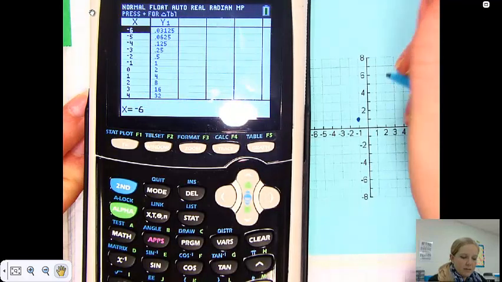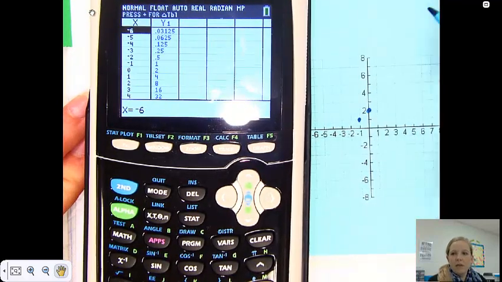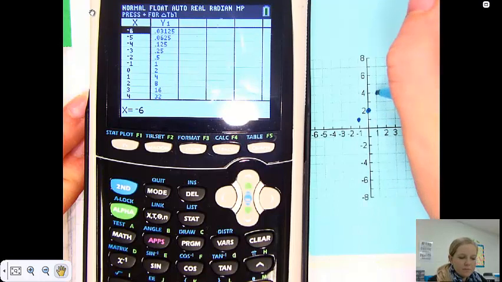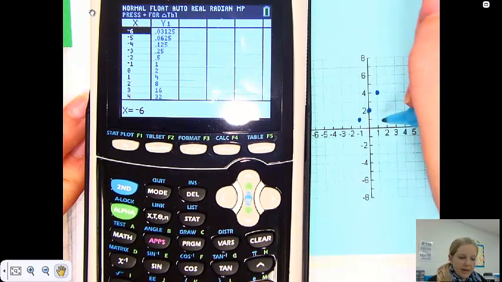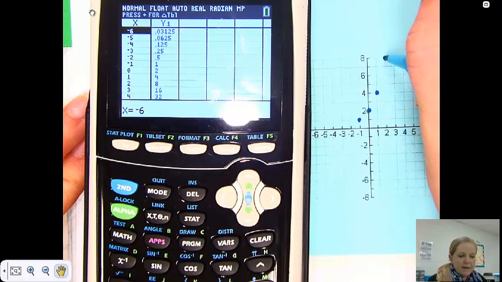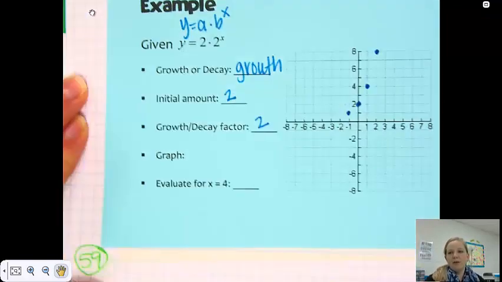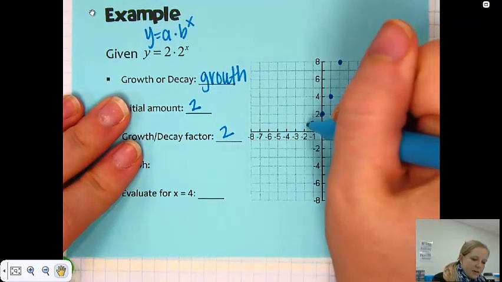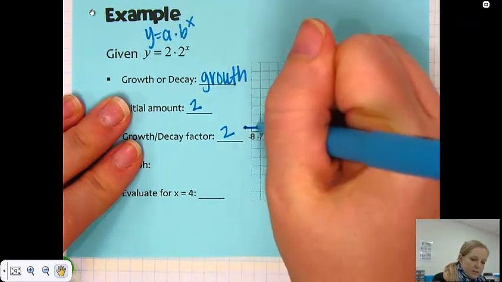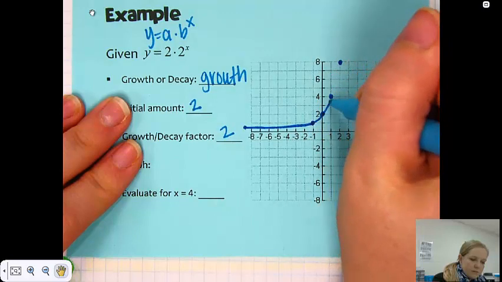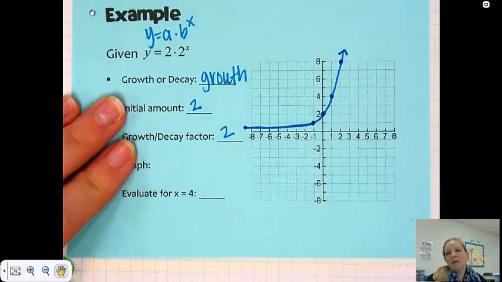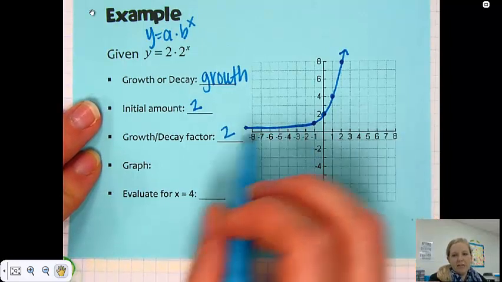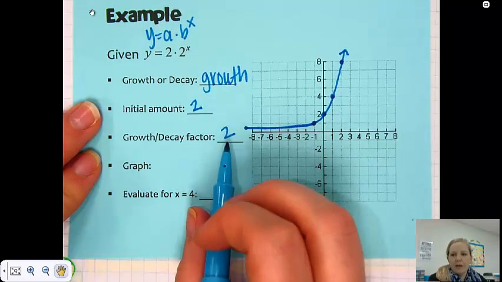I have 0, 2, and then I have 1, 4, 2, 8, and then I'm kind of off the graph after that point. So let's go ahead and connect those dots and make them look like they do in our calculator. Alright, so our graph here is going to go from left to right. It's rising, so like I said, that's going to be a growth rate.